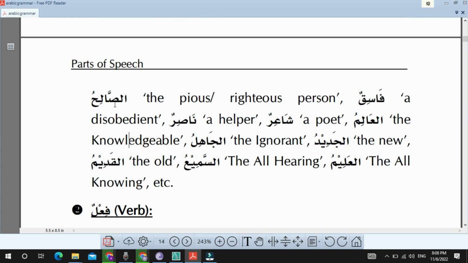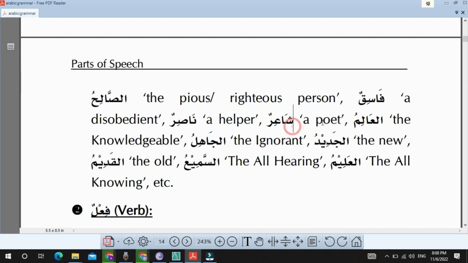As-Salihu, the pious, righteous person. Fasiqun, a disobedient. Nasirun, a helper. Sha'irun, a poet.